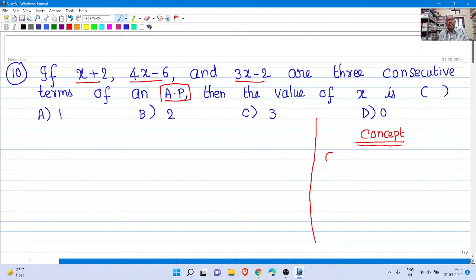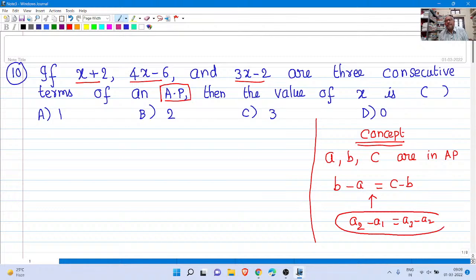If A, B, C are in arithmetic progression, the first term, second term, third term, then second term minus first term is equal to third term minus second term. This is the reason we can write it. Say this is A, this is B, this is C.